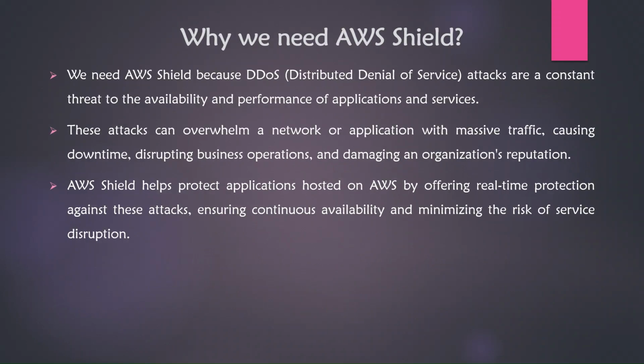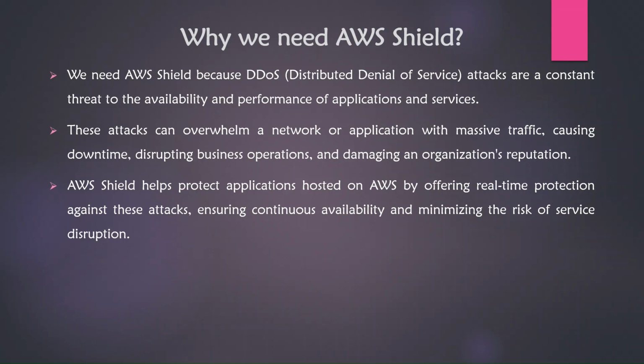So let's understand why we need AWS Shield. We need AWS Shield because DDoS attacks are constant threats to the availability and performance of applications and services. They are ongoing and can happen at any time, making them a continuous security concern for businesses, especially those with online or cloud hosted services.